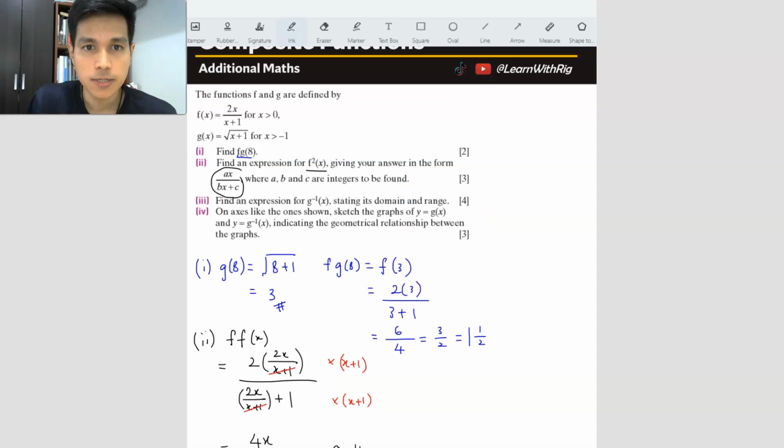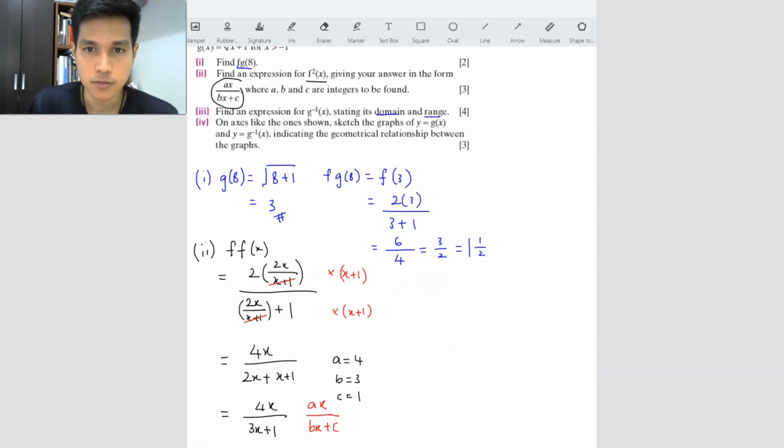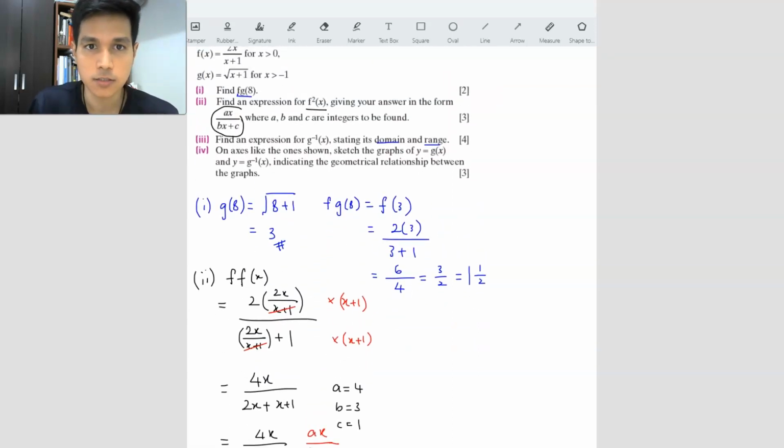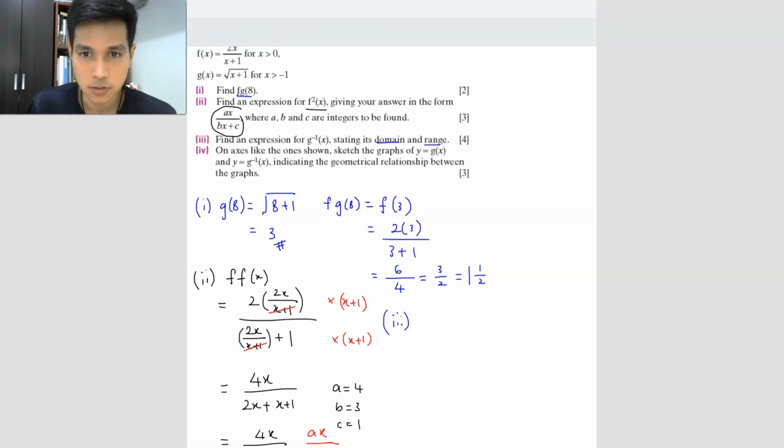Okay. Question number 3. Find the expression for G inverse, stating its domain and range. So let us do G inverse. So Gx is square root of x plus 1. Let me write here, question 3. We know that Gx equals square root of x plus 1.